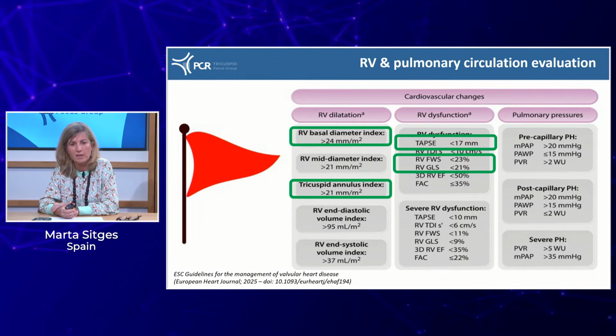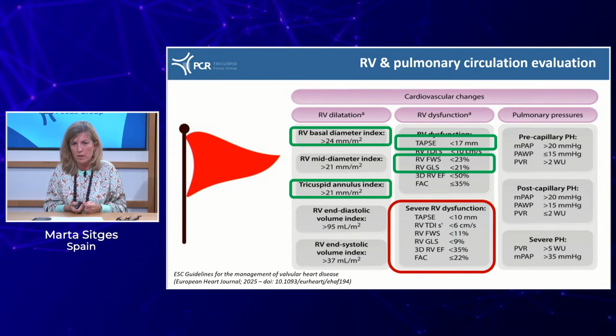I have highlighted here in green what could be the easier parameters, even in a referring center, that can be evaluated, and that should trigger our red flag to send these patients to the heart valve centers, to understand that we are starting to have a really abnormal right ventricle, and to try to avoid going to more advanced disease where the prognostic impact of any therapy is less extensive as compared to an earlier phase.